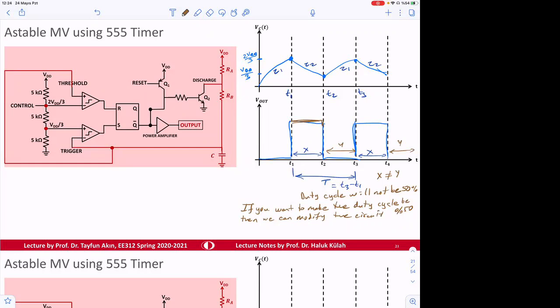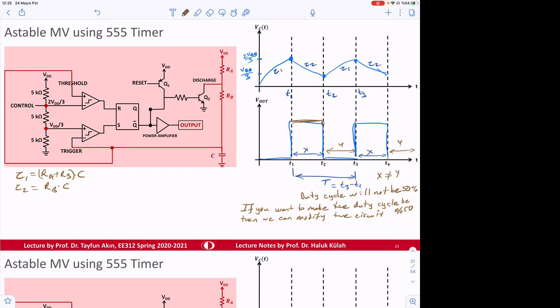This is maybe too early to mention, but we said that tau1 is equal to RA plus RB times C, and tau2 is RB times C. Okay, so if we can make RB, what can we do?